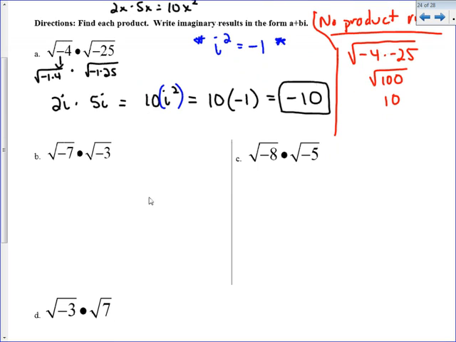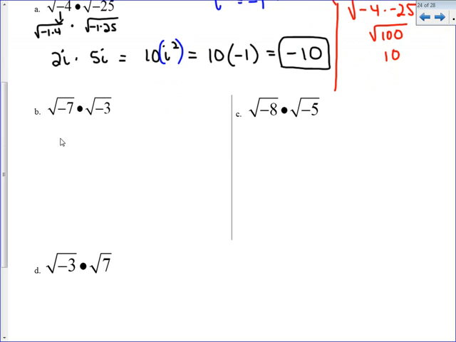So if we look at B, how do I know I've got to go through this process? I'm multiplying, and there's negatives underneath my square roots. That means there's no product rule. So let's start by just getting the imaginary units out of those square roots. Once the imaginary units are out, we can use our product rule because what's left over is real. So let's start with the square root of negative 7.